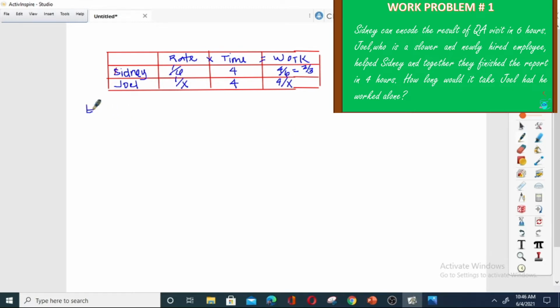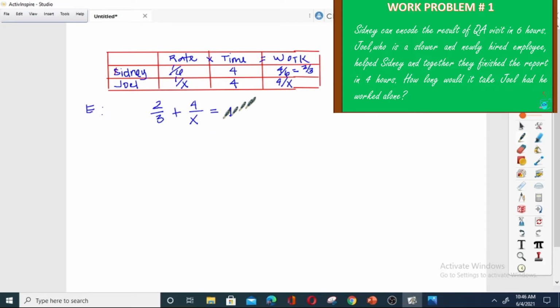Now to get the equation for the work problem, just get the sum: 2/3 plus 4 over x. We should always equate the total work of the two persons equal to 1 for the whole job done.